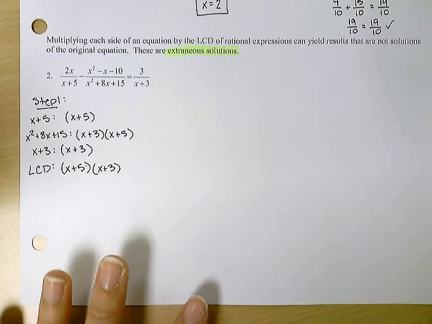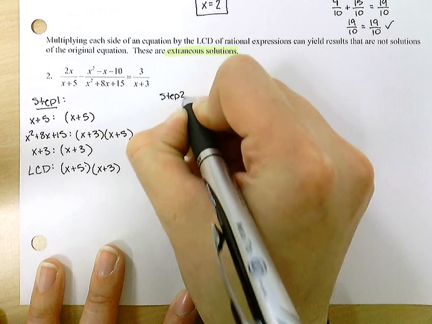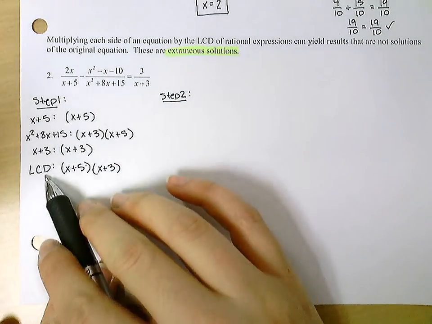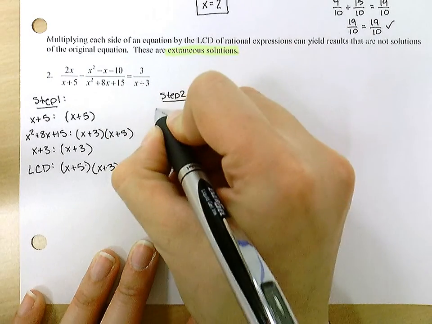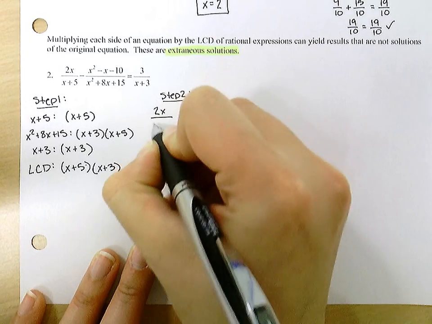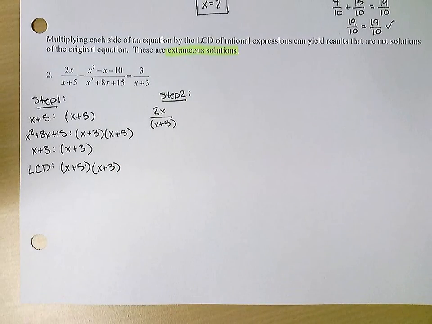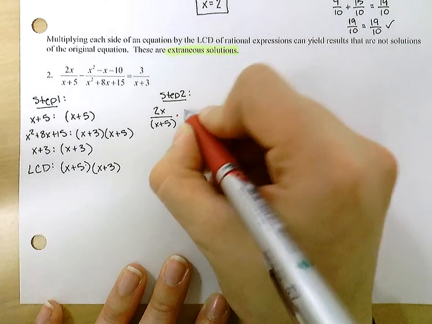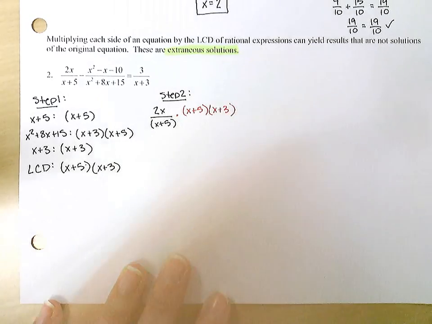Okay, so looking at step 2. We're going to multiply each of these fractions by that least common denominator. So my first fraction here is 2x over x plus 5. So multiply by x plus 5 times x plus 3.